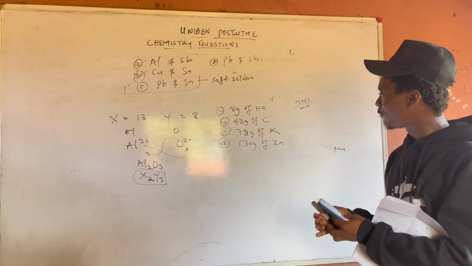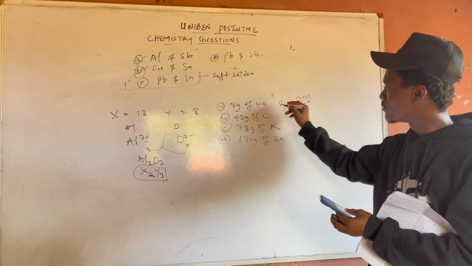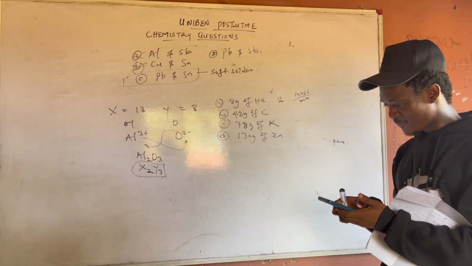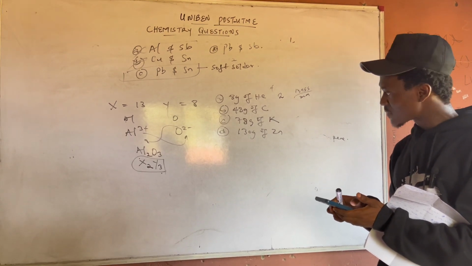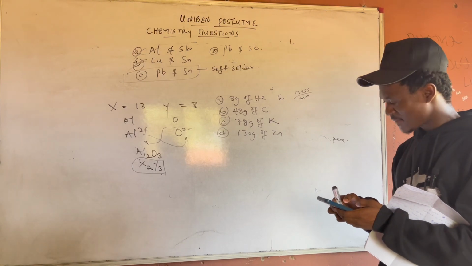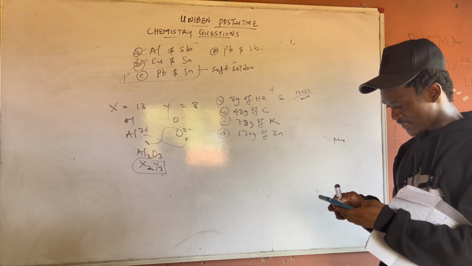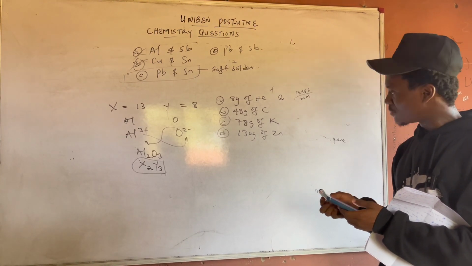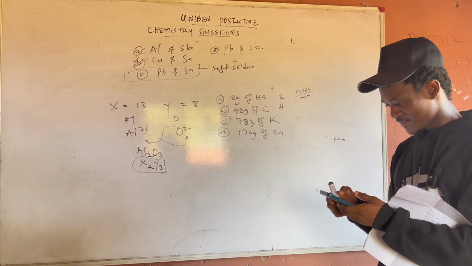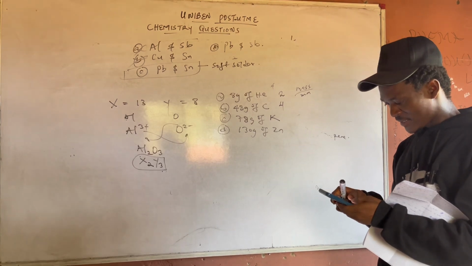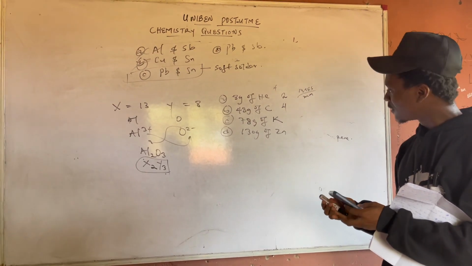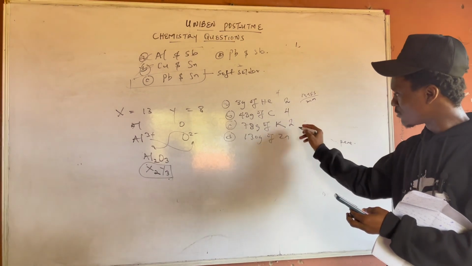So if the number of moles here is 2, then for this one, let's confirm, that should be 48 divided by 12, which should be 4. So here is 4. Then the next, 78 divided by 39, because that's the atomic weight of potassium, which is 2.